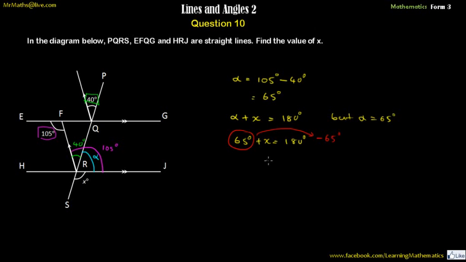So x is 180 degree minus 65 degree, which is equal to 115. As you can see, the method that I'm doing now is a little shorter than the previous method that I did in the previous video.